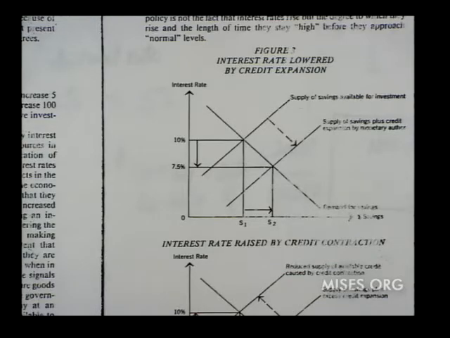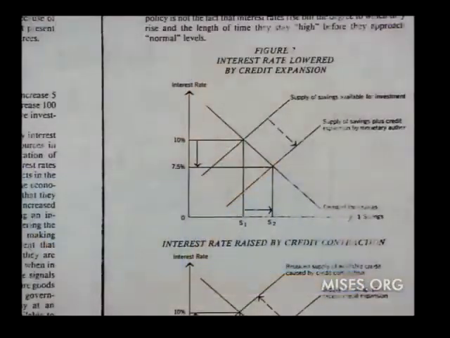That is added to the supply of voluntary savings, the amount of money that people voluntarily withhold from spending on consumption goods and put into the banks and other financial intermediaries. Now added to that is this fictitious money, or actually real money, but money that's simply printed up out of thin air. And that pushes the interest rate down, let's say in this case, to 7.5%.